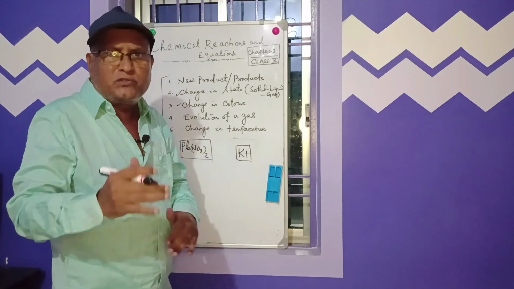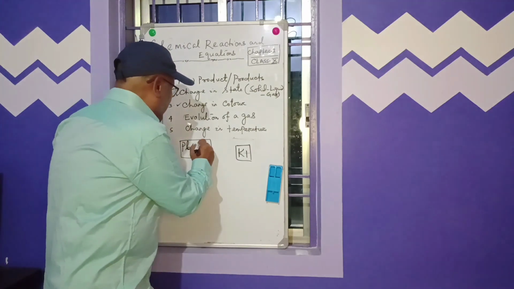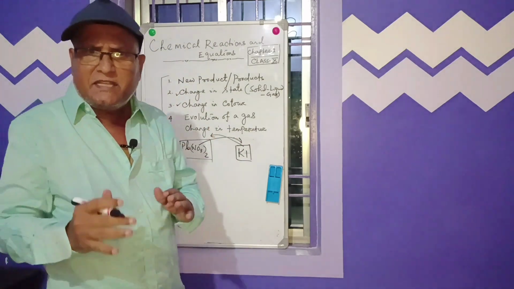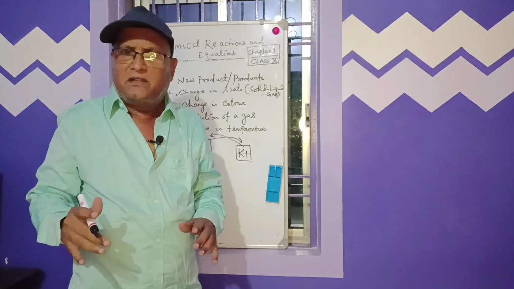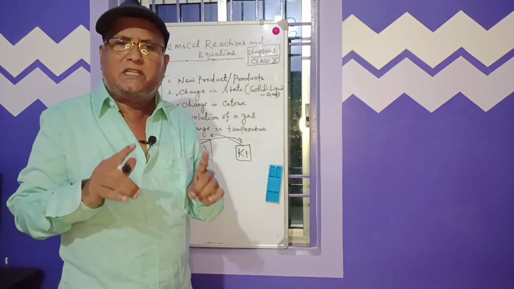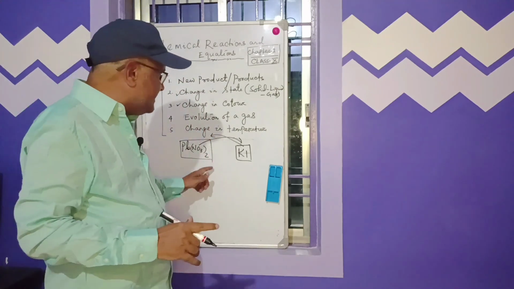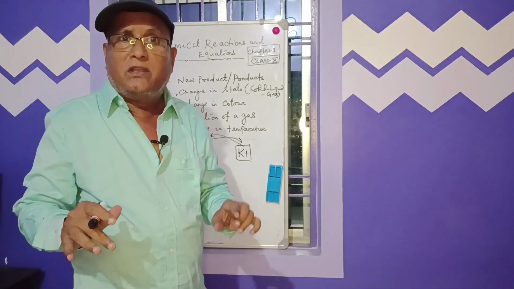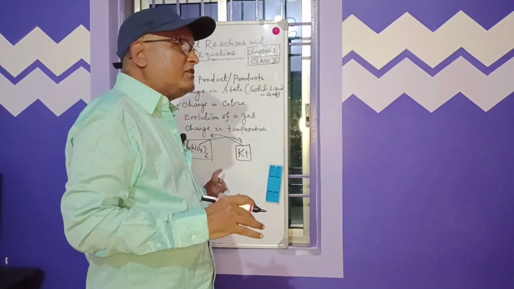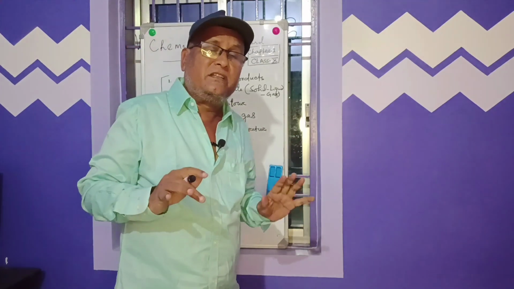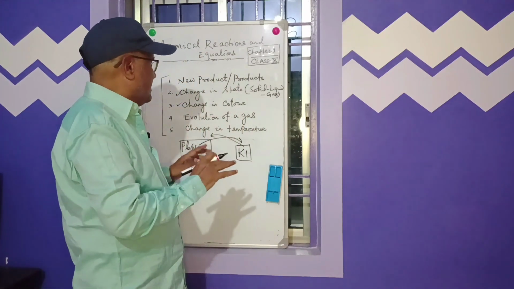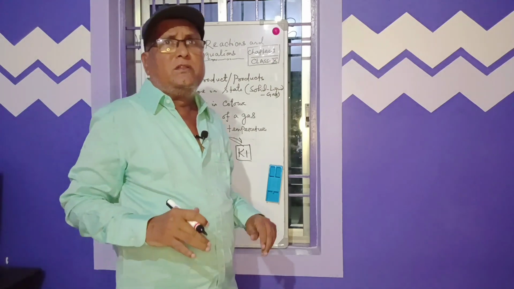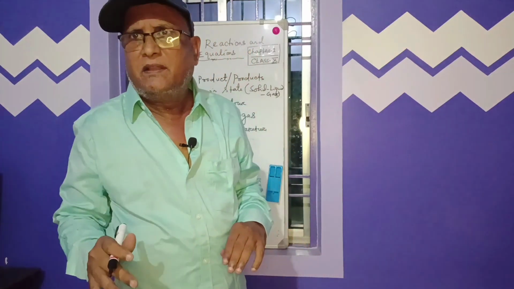So exchange of ions between the reactants is an example of a double displacement reaction. And in this reaction, a yellow precipitate is formed, which is insoluble in water. So it is also called a precipitation reaction. This question was asked in the CBSE exam. Please note it.